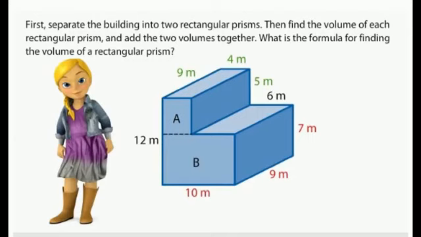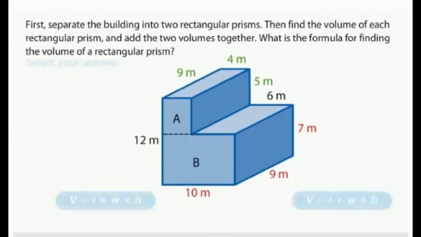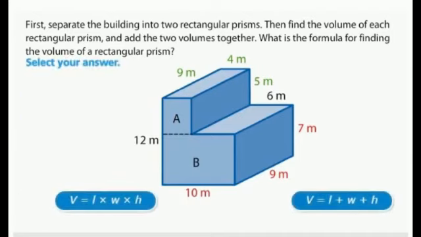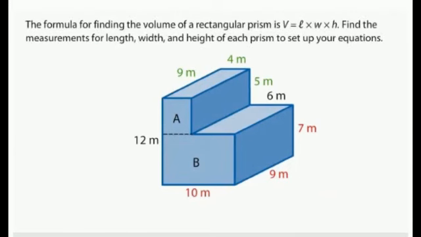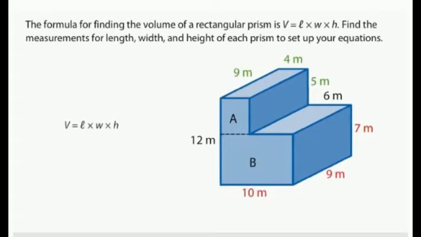What is the formula for finding the volume of a rectangular prism? Select your answer. The formula for finding the volume of a rectangular prism is volume equals length times width times height.